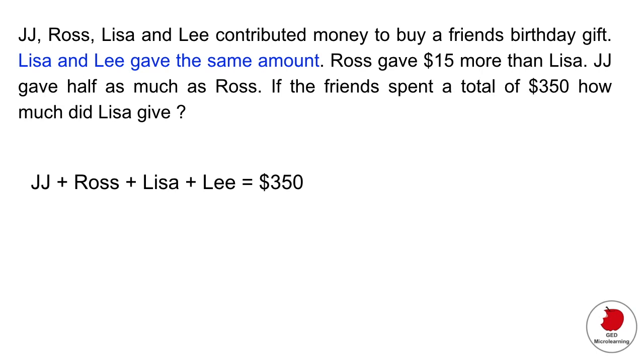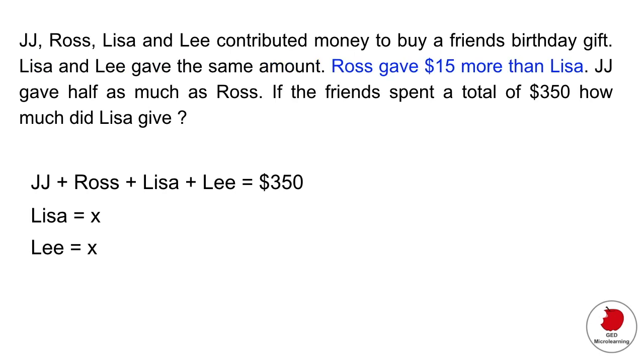Okay, so all of their expenses added together are equal to $350. Then they tell us that Lisa and Lee gave the same amount, but they don't give us any other information. So we're going to say that Lisa gave X and Lee also gave X. Okay, then they tell us that Ross gave $15 more than Lisa. So since Lisa gave X, Ross gave X plus 15.